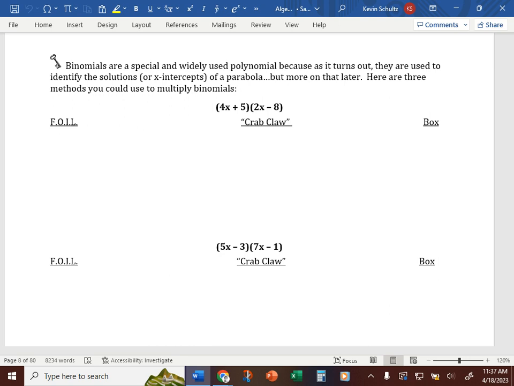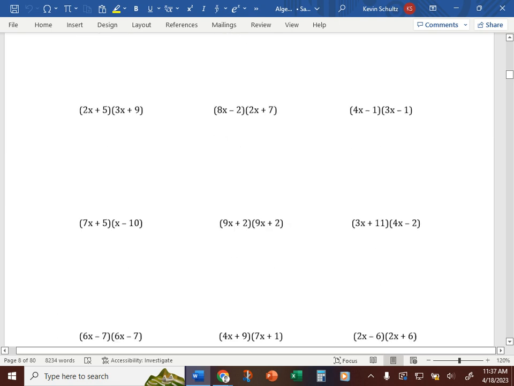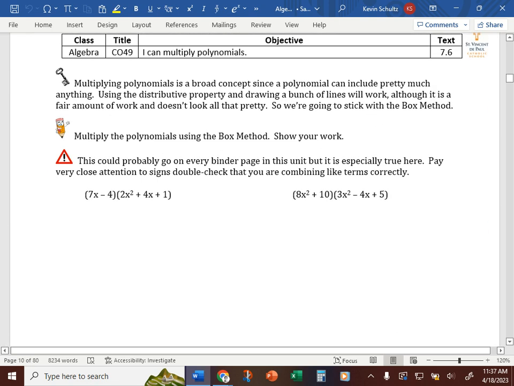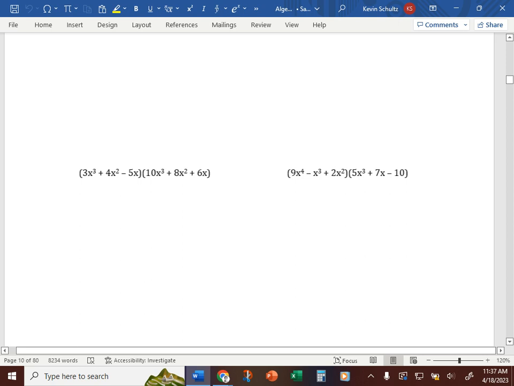Now we're ramping it up one more time, and we're multiplying polynomials by other polynomials. We're multiplying a binomial times a trinomial, or a trinomial times a trinomial here. Think about how these lines are going to get chaotic if we're distributing this 3x cubed into each term in the other set.